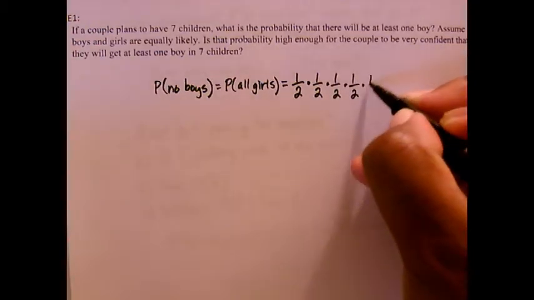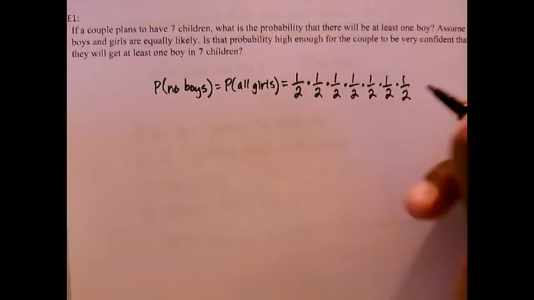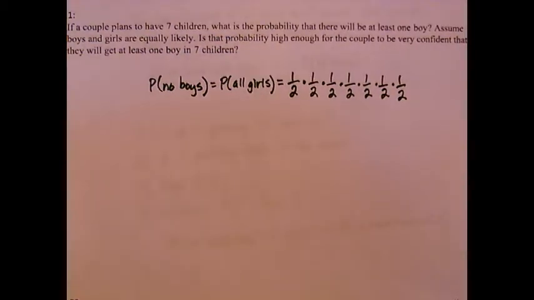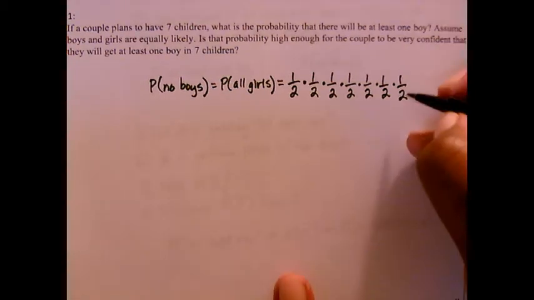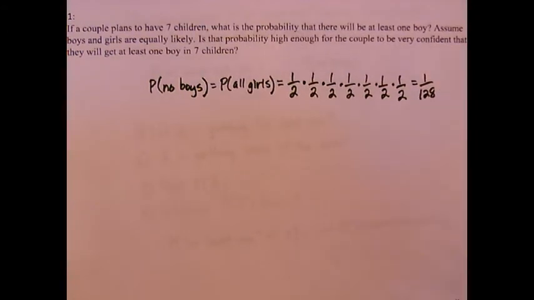So 1/2 will be used as a factor 7 times, as we're dealing with 7 children. And if I multiply numerator times numerator and denominator times denominator, I'm going to get 1 over 128. So the probability of getting no boys, or the probability of getting all girls, will be 1 over 128.